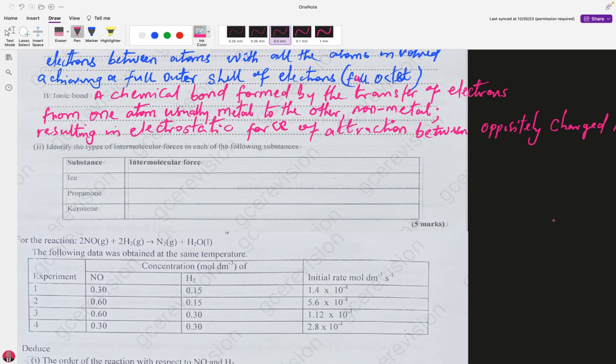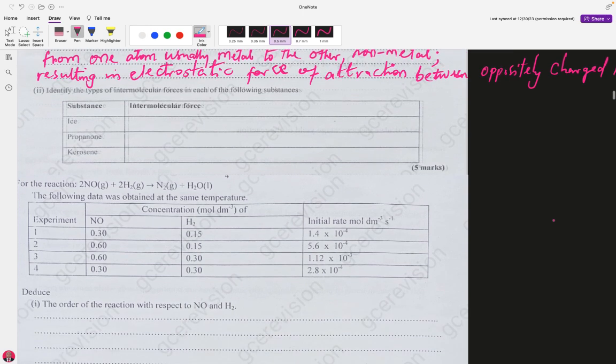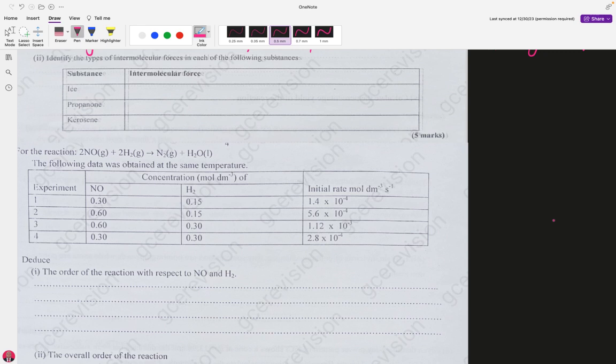Now, let's move on to the second part of it. The second part is dealing with intermolecular forces. Do you know what intermolecular forces are?